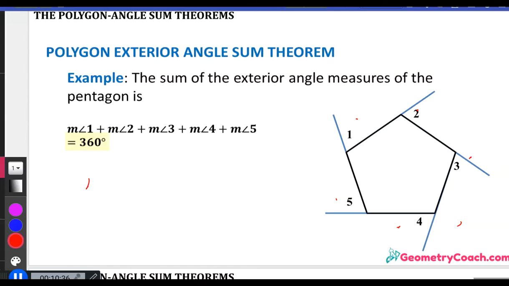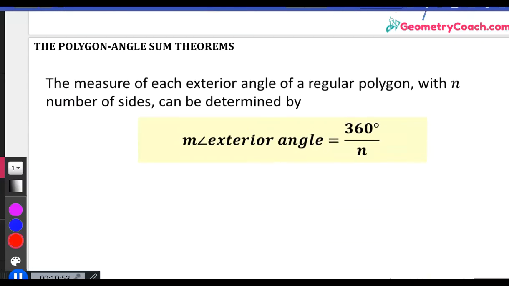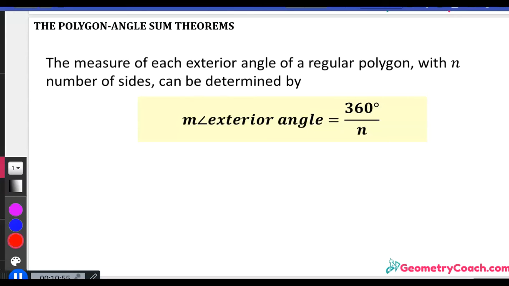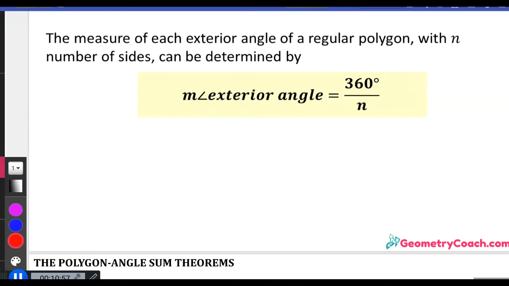So what is the measure of angle 1? To do that, you're going to take 360 divided by 5, because there are 5 exterior angles, and you get 72 degrees. Which is exactly what we're doing right here. You take the 360 divided by the number of angles.